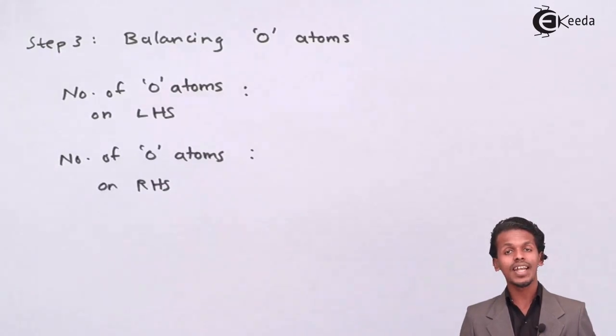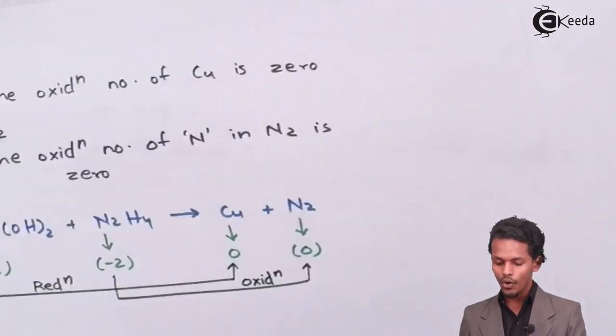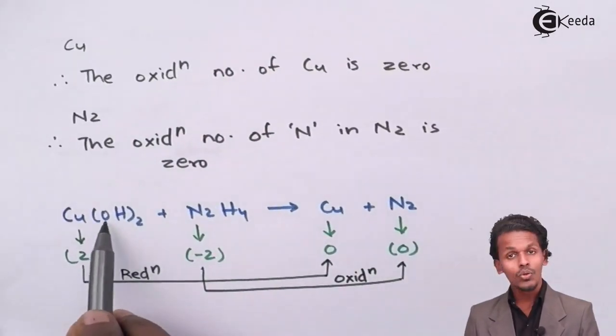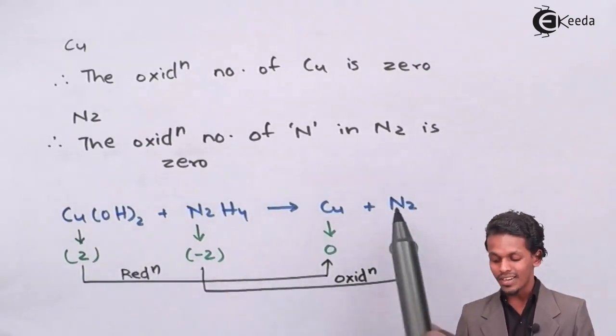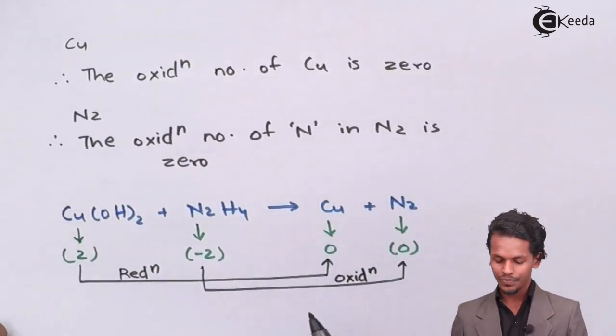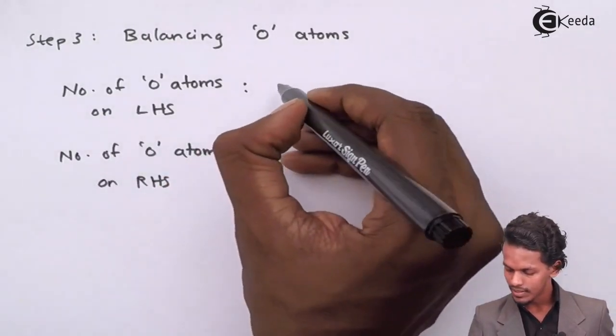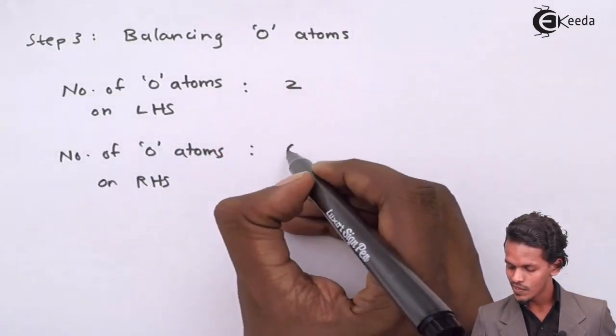The number of oxygen atoms on left hand side was found to be 2, while that on right hand side was found to be 0. So therefore it was 2 and this was 0.